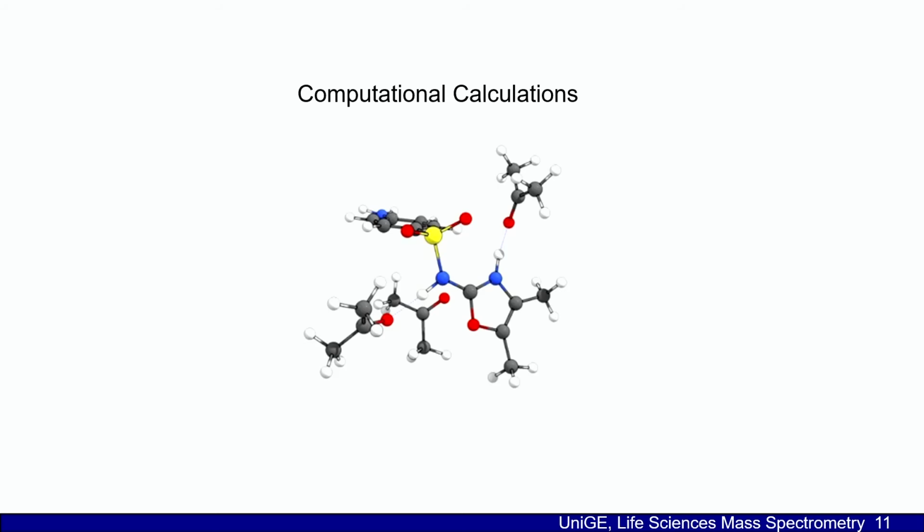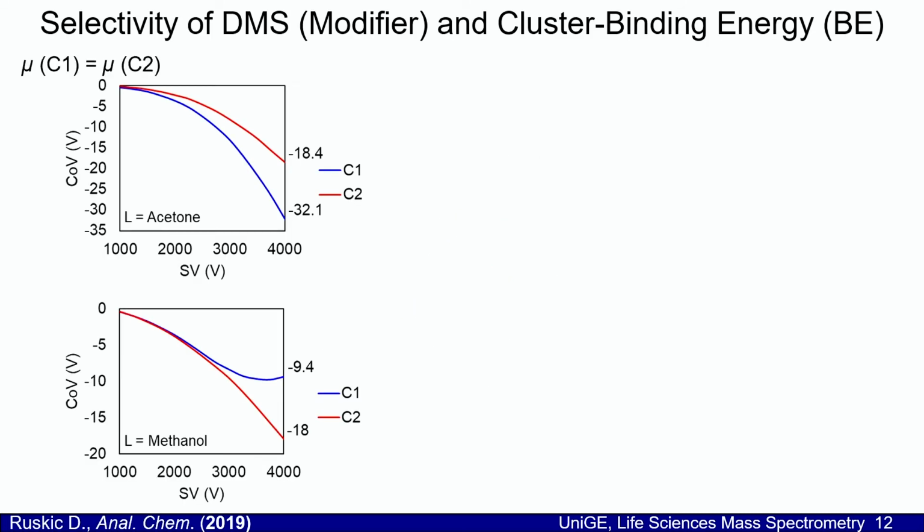Well, because as a chemist I would like to know what's going on, because it seems that DMS is fundamentally different from the other collisional cross-section instruments, since it's really dependent on ion-molecule interaction. So we decided to do some computational modeling to calculate the theoretical binding energy and how that relates to the separation.